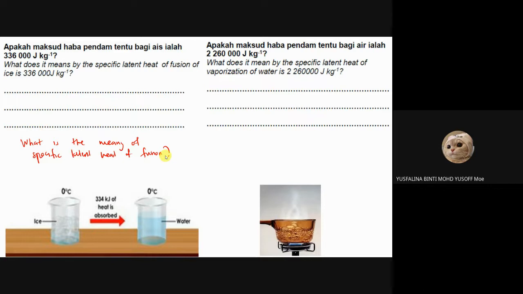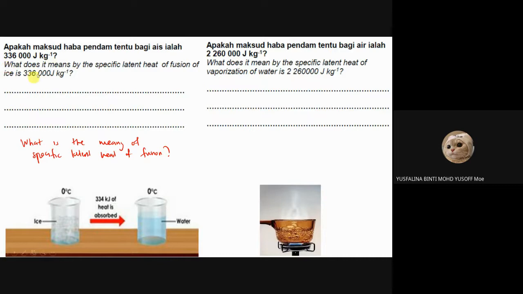Okay, all is wrong. Remember just now when I said specific latent heat of fusion is not just solid to liquid, it's also from liquid to solid. For the previous one, I accept because it's asking about the ice, so of course ice has to change from solid to liquid.